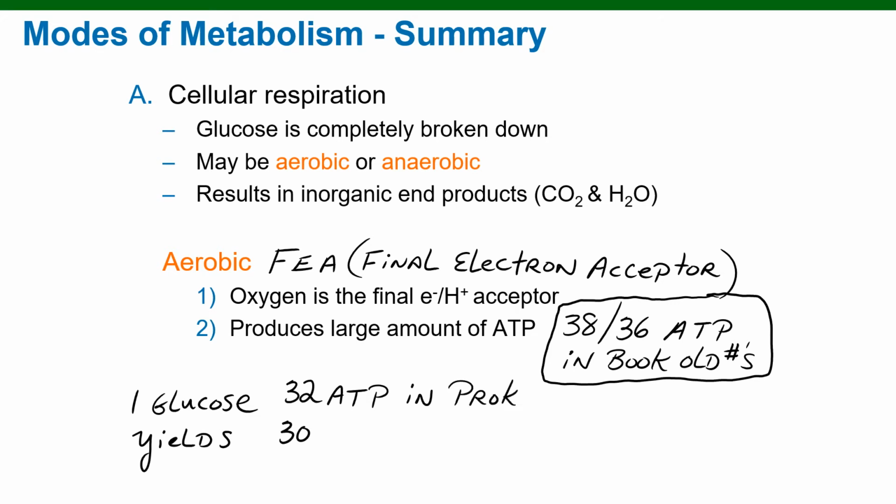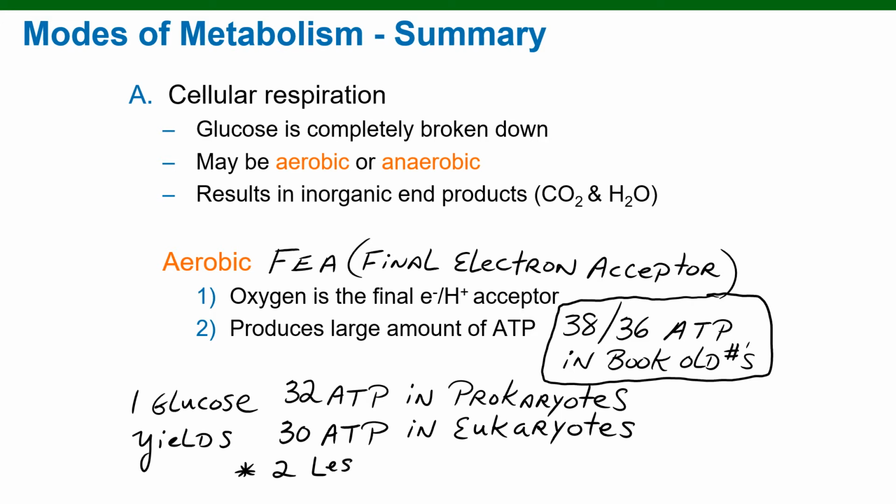So the bacteria, the prokaryotes, can make a couple more ATP molecules than their eukaryotic counterparts. And what accounts for this is transport across the membranes of the mitochondria. So eukaryotes have membrane-bound organelles, including mitochondria, and transport across that membrane requires a couple of extra ATP molecules.